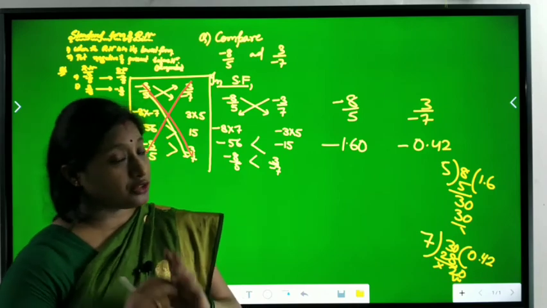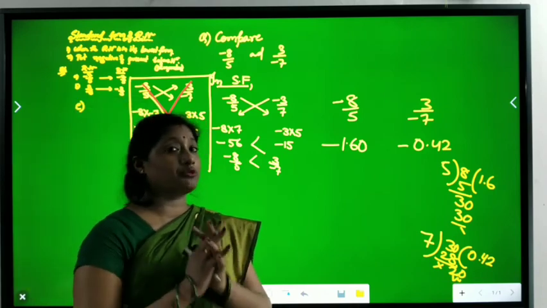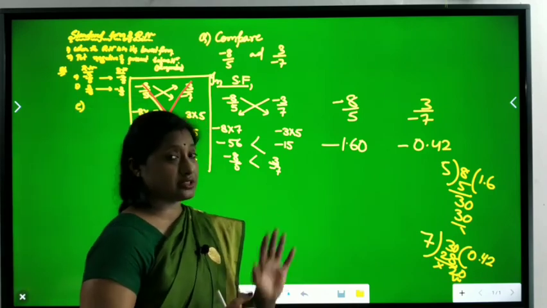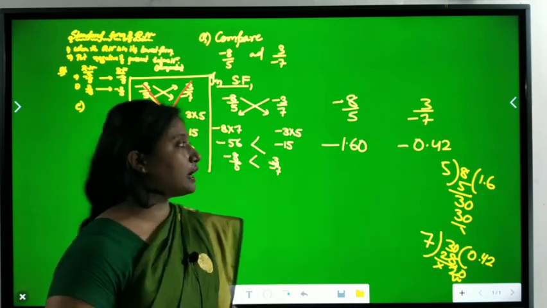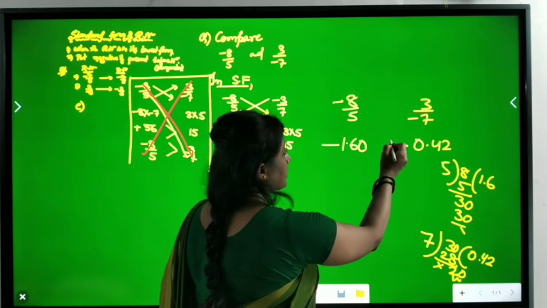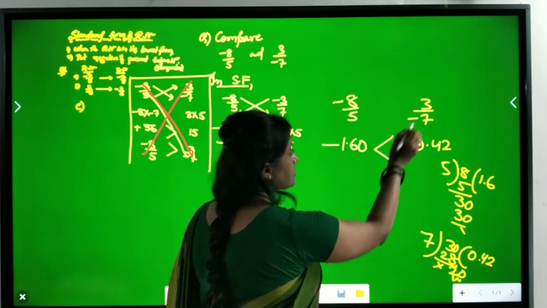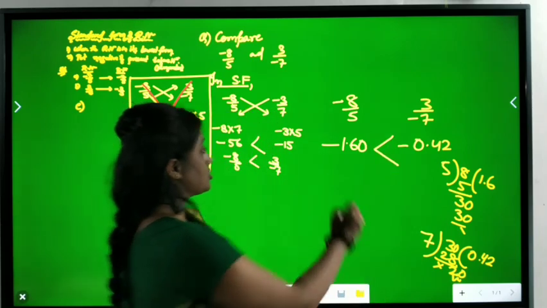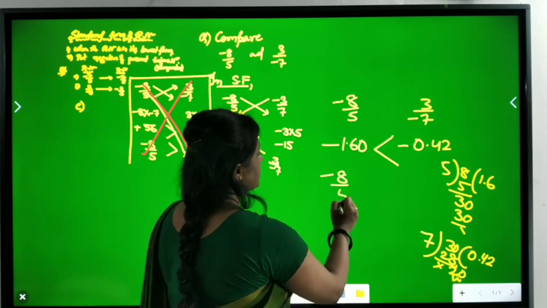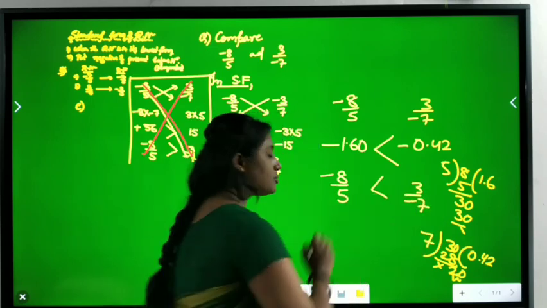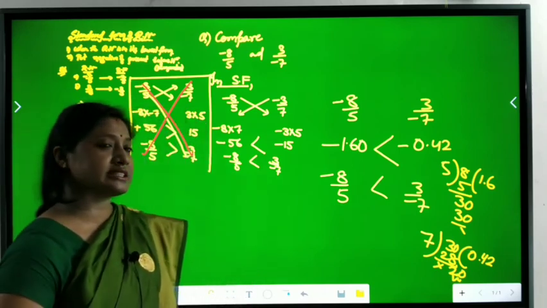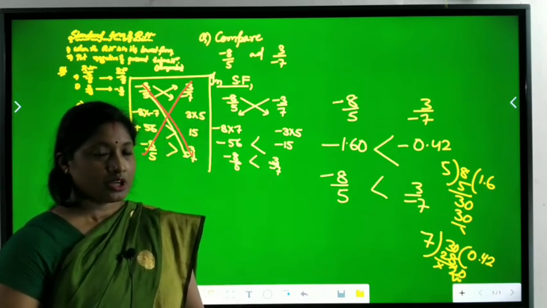You have read about integers; you have to keep the negative signs very clear. With negatives, the smaller one is the greater one. So we can see that this rational number is greater. So we can conclude that 3 by minus 7 is greater than minus 8 by 5.